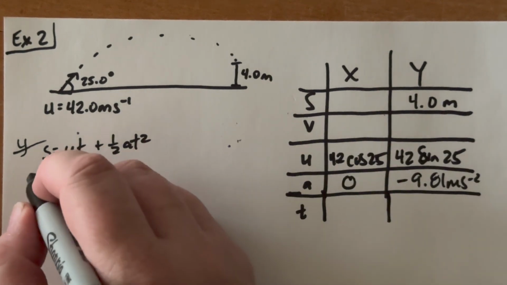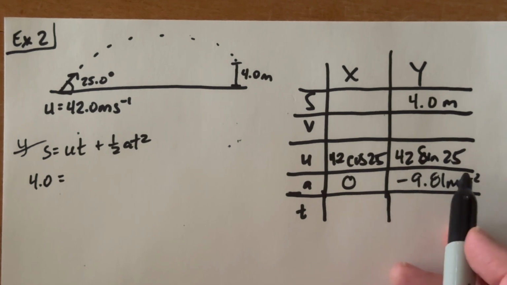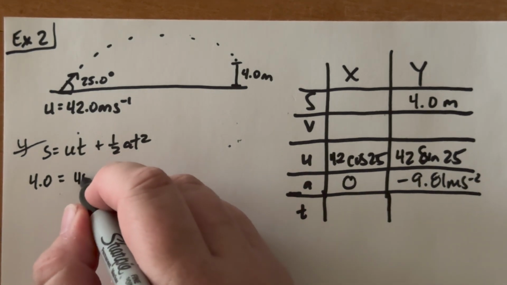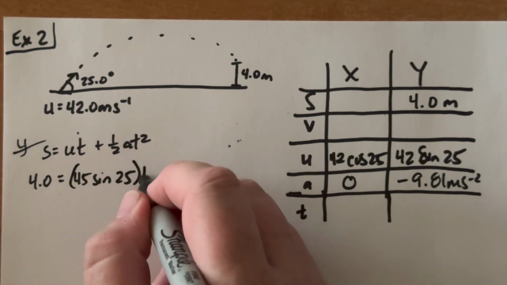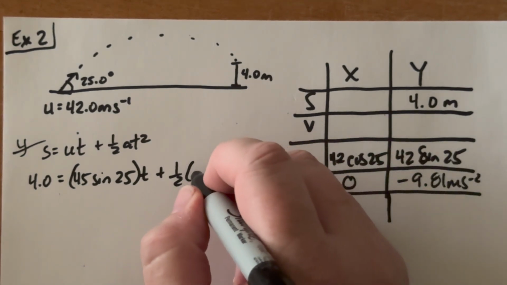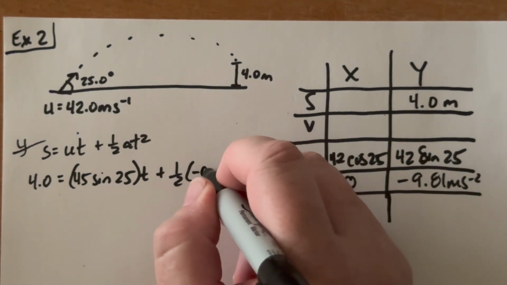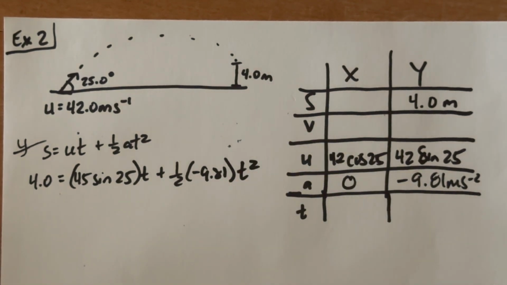Our s is 4.0. Our u in the y direction is 42 sine of 25 times our t plus 1/2 times negative 9.81 times t squared. That's sort of a big mess of stuff.